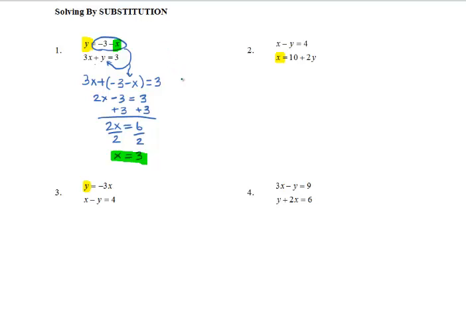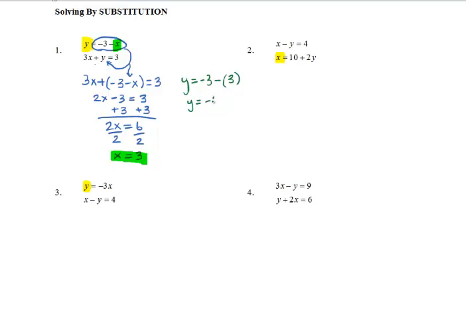I need to do this because I still need to find out what y equals. So y equals negative 3 minus, and instead of writing minus x, I'm going to write minus the 3 because I'm going to replace the x with 3. It's important to get in the habit of replacing variables with values or expressions using parentheses.